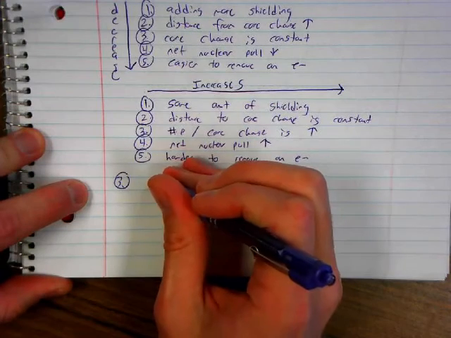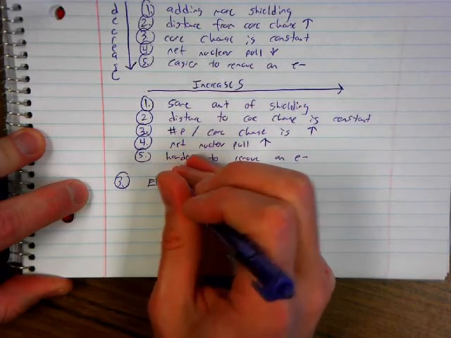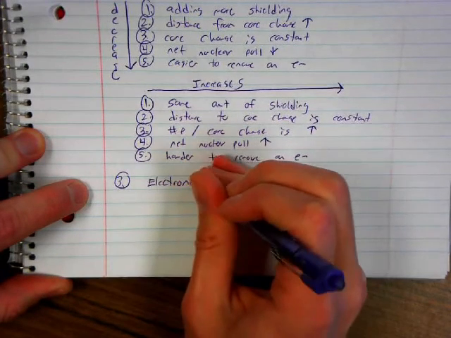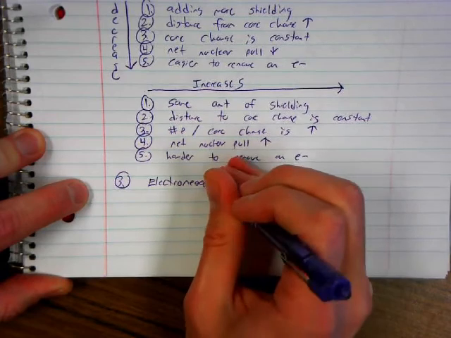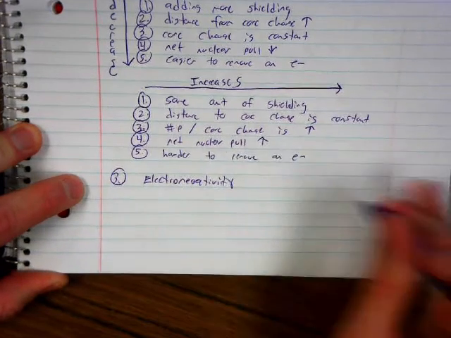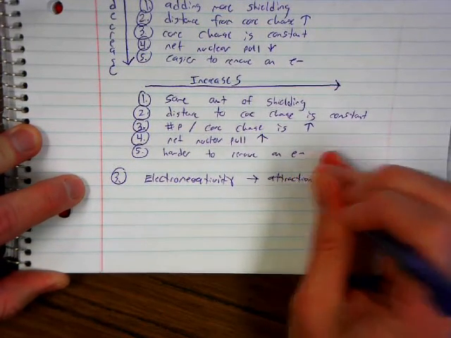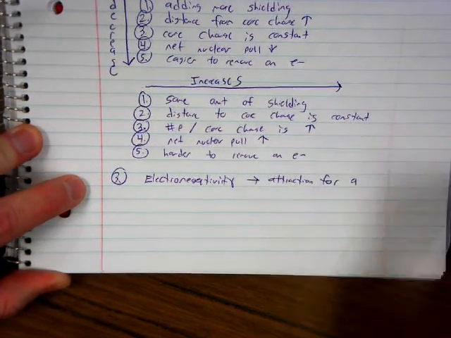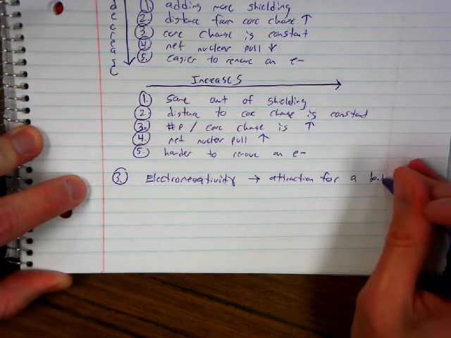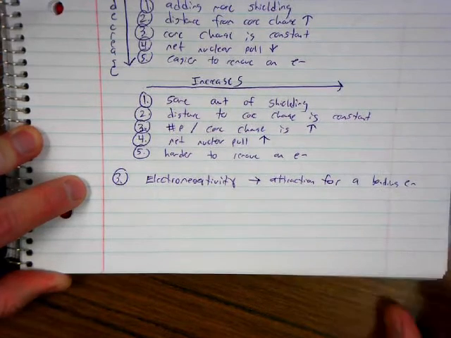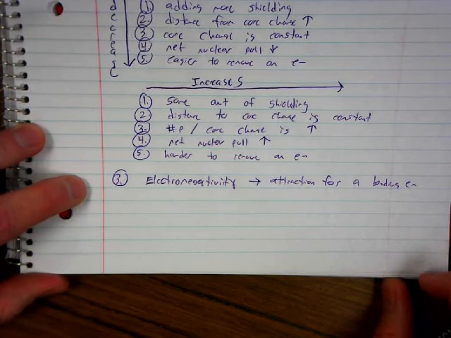All right, so trend number 3 is called electronegativity, which is defined as the attraction for a bonding electron.